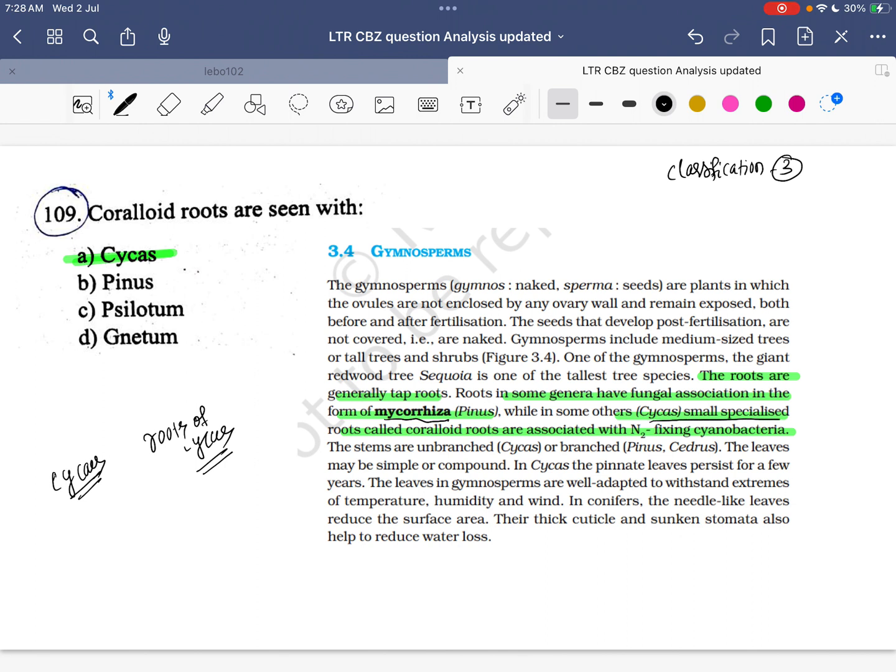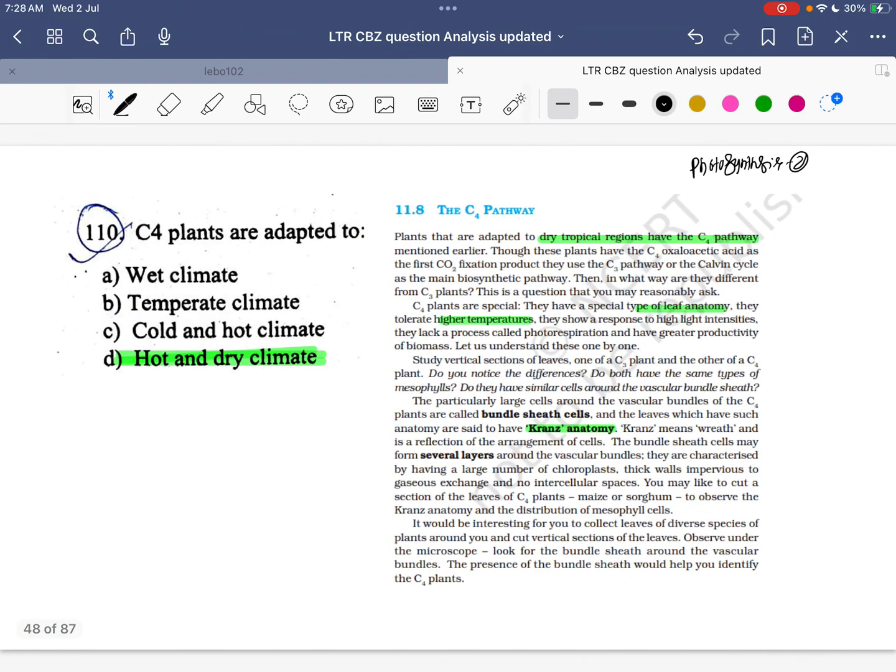While in some others like Cycas, small specialized roots called coralloid roots are associated with nitrogen fixing cyanobacteria. So that is what we call coralloid roots. So the answer is: coralloid roots are found in Cycas. Then comes question 110.